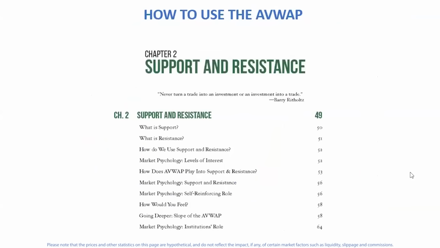So the most important way to use the anchored VWAP is clearly just support and resistance levels. I've got a couple of strategies in this book, but it's all based around support and resistance. When you talk about the IPO, well, it's because of support and resistance. The same goes for where to anchor from earnings reports.